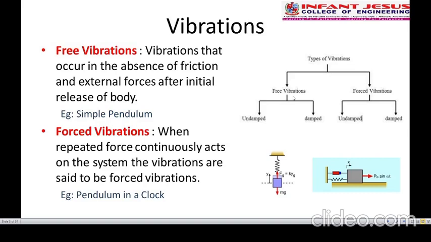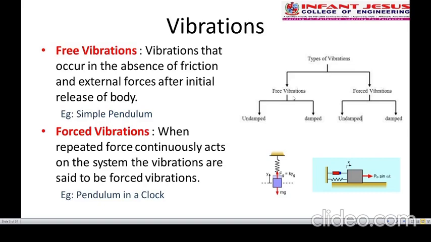For example, take a simple pendulum. If we strike the pendulum and take our hand away, it will go on oscillating. That is called free vibration. Forced vibration is when we give the external force continuously.